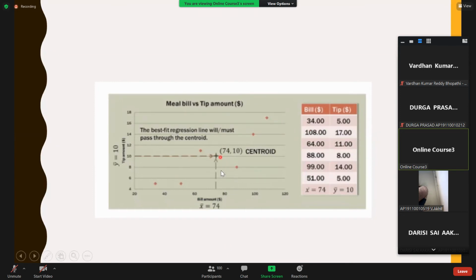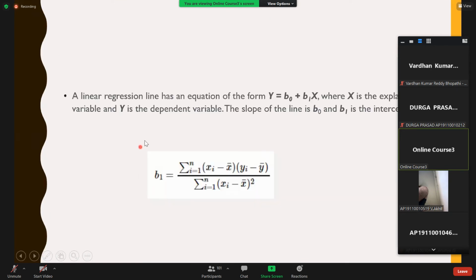So what is the centroid here? The average of bill amount is 74 and the average of tip amount is 10. If the line passes through this, then it will be treated as the best fit regression line. According to the least squares technique, we build a regression model.